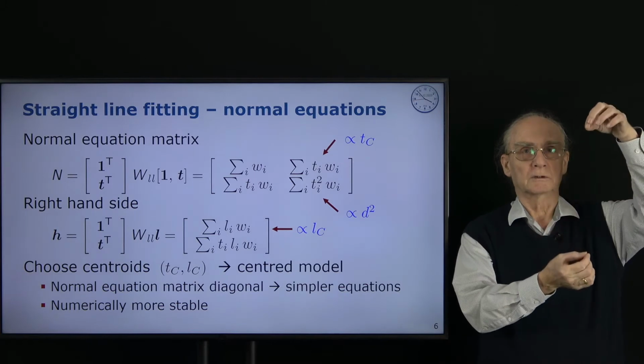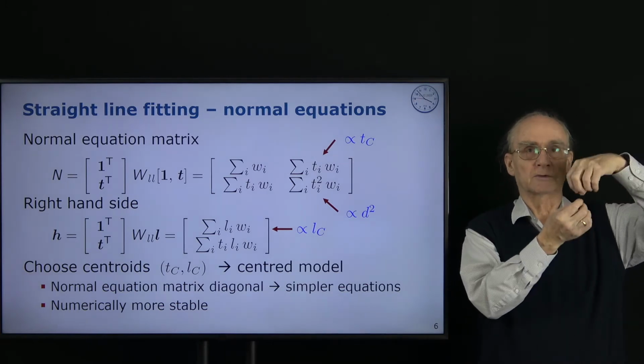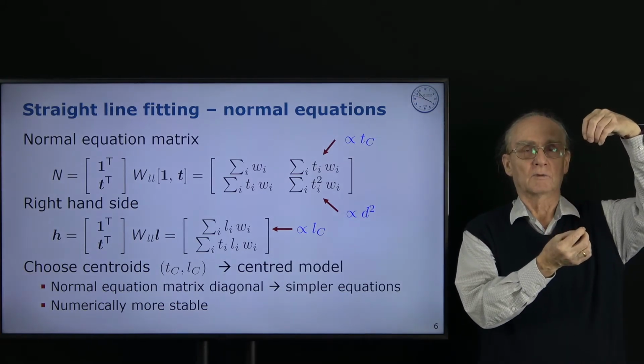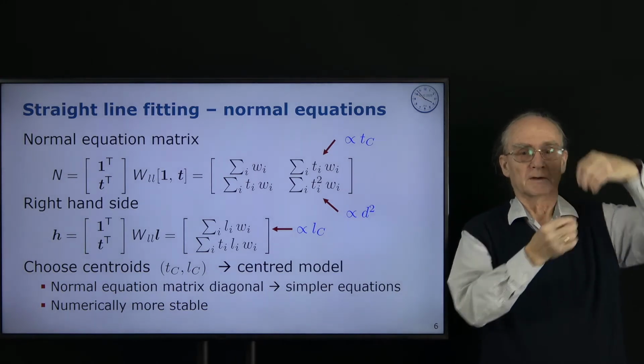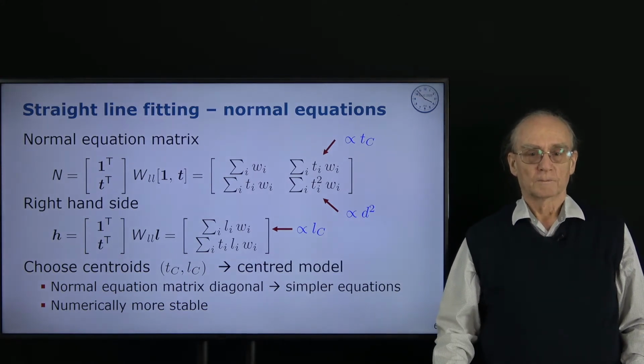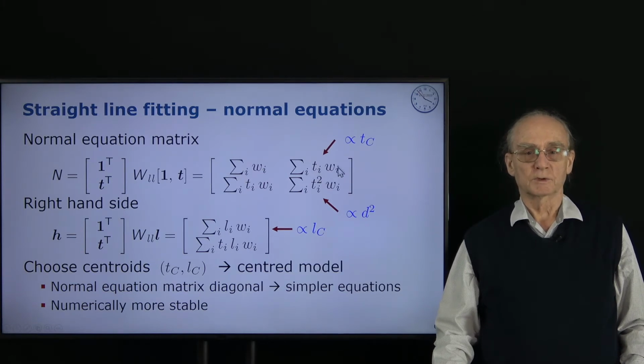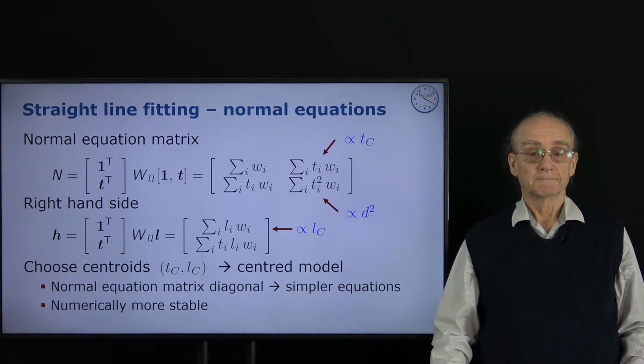So in the vertical axis, we have all these L's, and if the sum of all these L's is 0, we are in the centroid. So let's assume we work with the centroids. We see that this will be 0, this will be 0, so the normal equation matrix will be diagonal, and we will obtain a right-hand side for the first expression, which is 0.